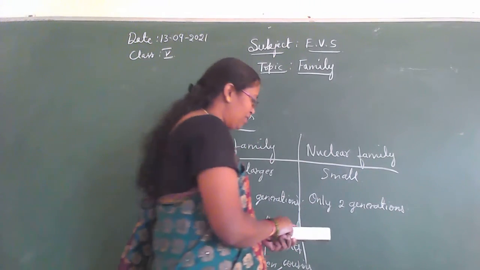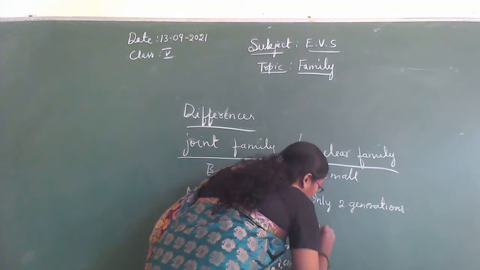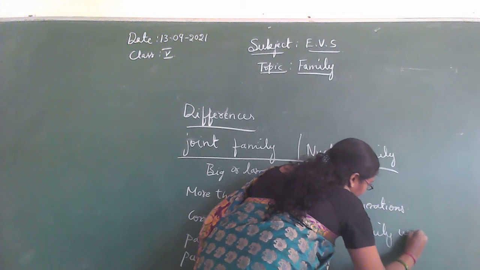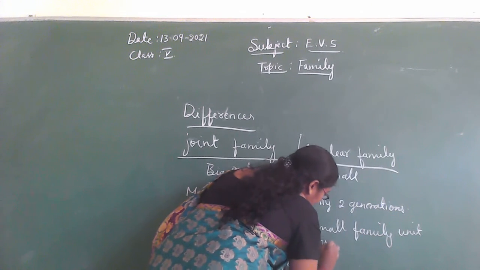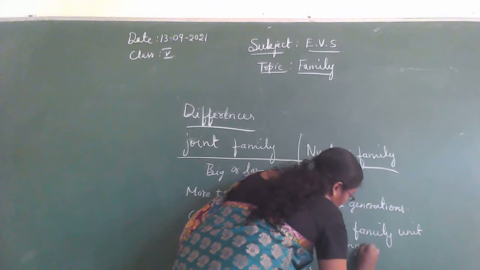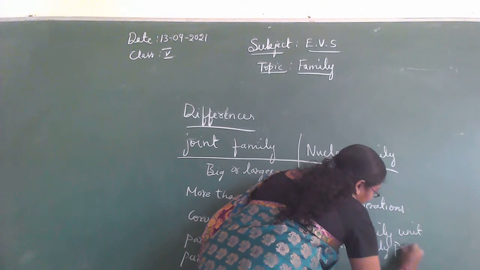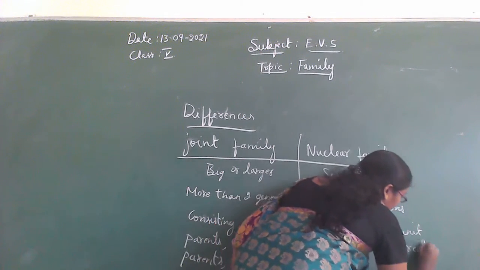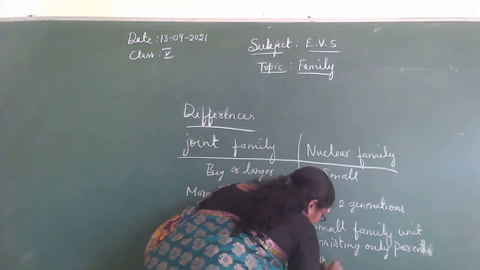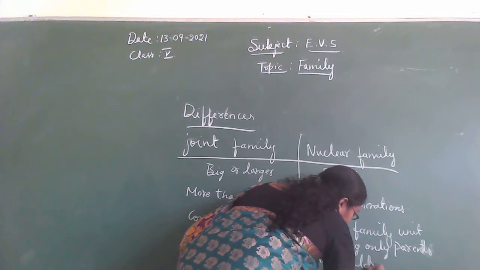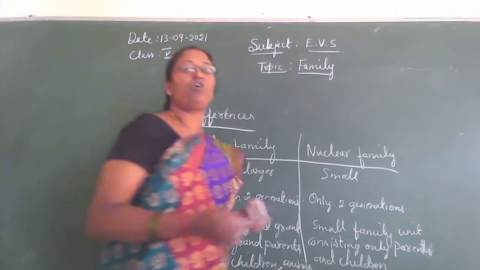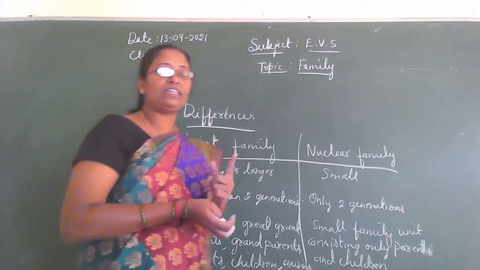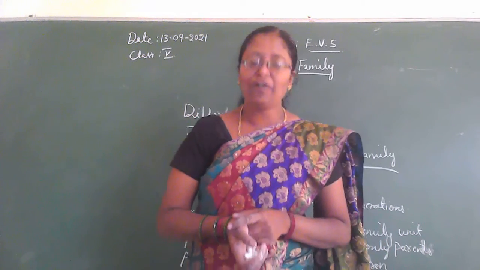It is a small family unit consisting only of parents and children. This is about the difference among these two families, that is joint and nuclear family.